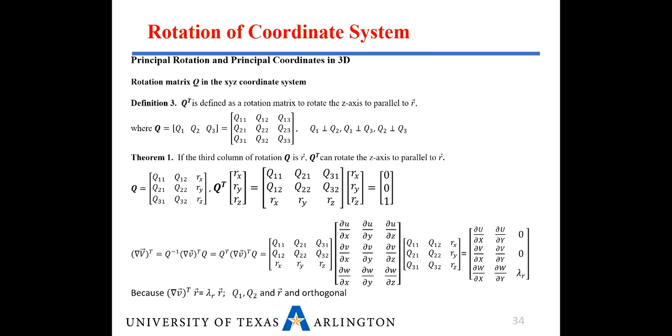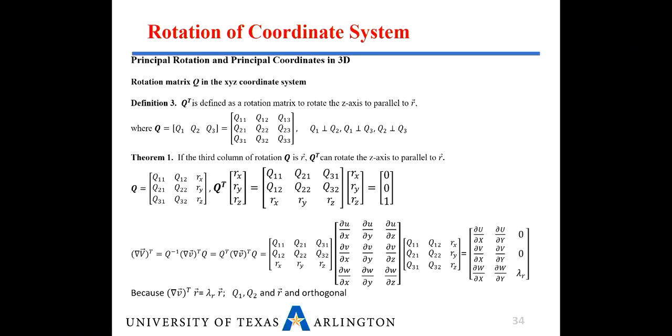Q1 dot R is 0, Q2 dot R is 0, Q3 dot R is 1. So after this rotation matrix, this is our Rx, Ry, Rz. After this, this is originally the gradient of velocity. After that, we get a new one.